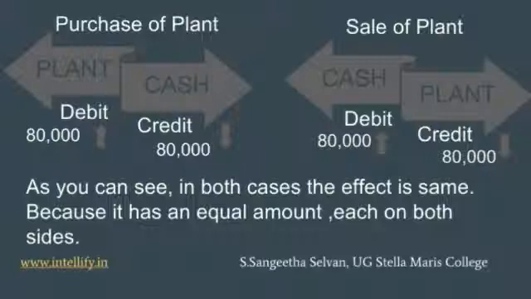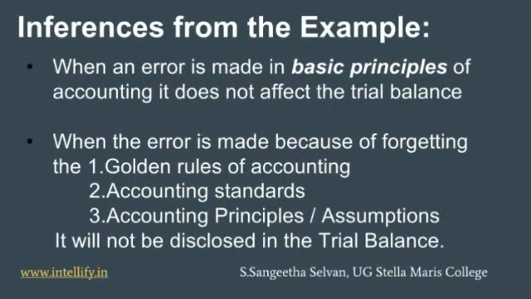So this error will not be disclosed in the trial balance. So what are the inferences from this particular example? When we make basic errors in the basic principles, that is what we call errors of principles as explained in the previous video, those errors will not be disclosed in the trial balance.